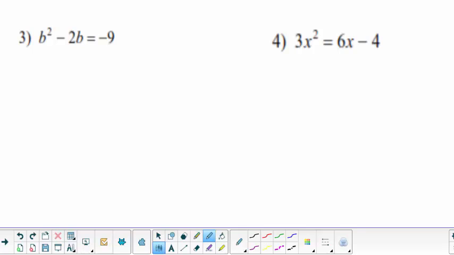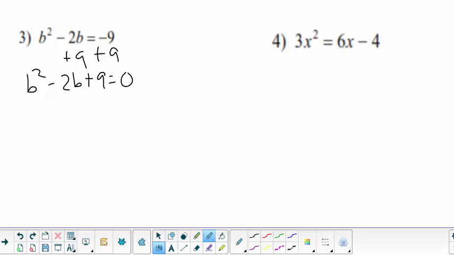All right, so notice these examples, they have a b value. So we would have a couple options here. We could use completing the square or the quadratic formula, but we focused on the quadratic formula. So we want to get everything to one side. I'm going to add 9 to both sides here. So now I have b squared minus 2b plus 9 equals 0.